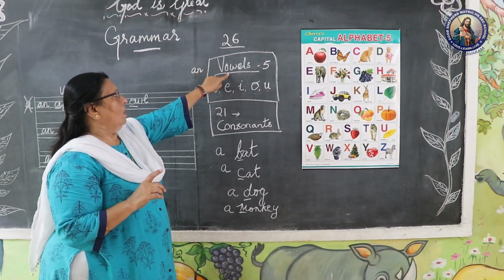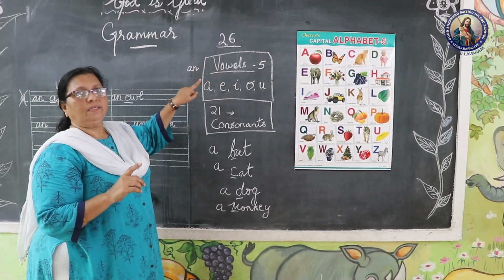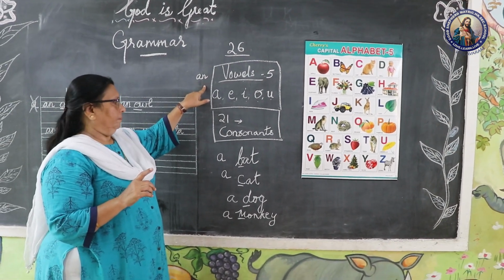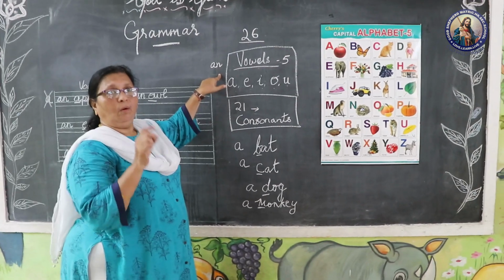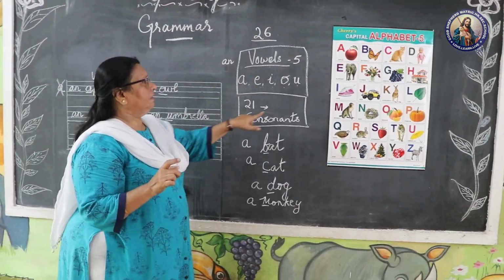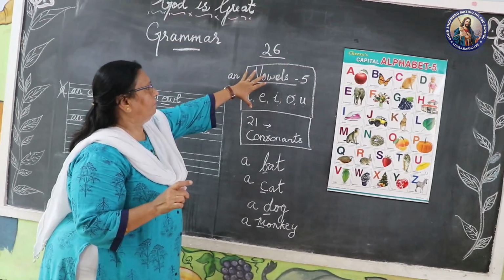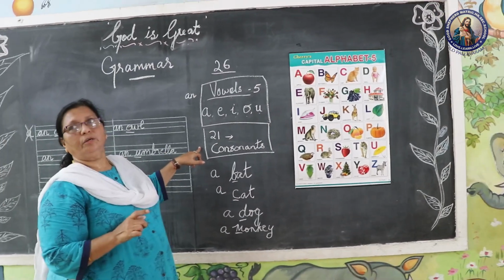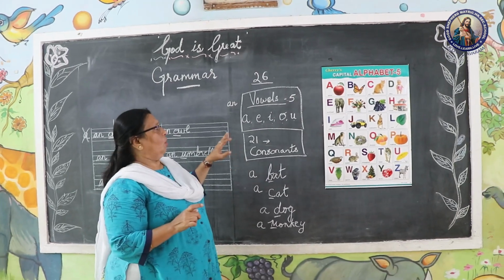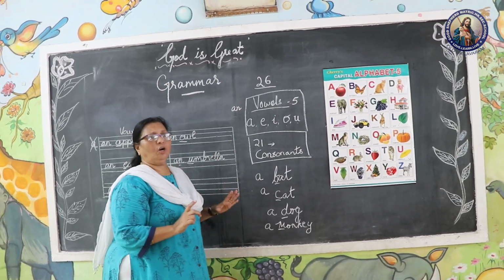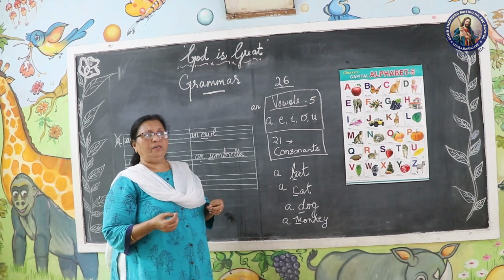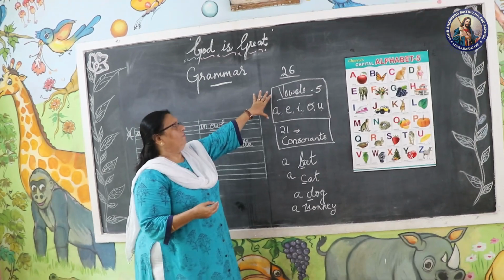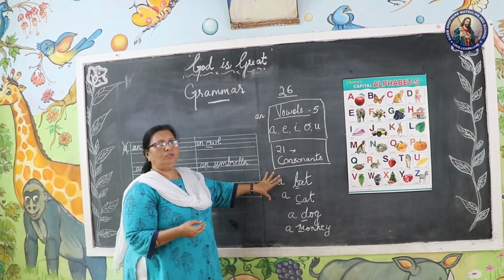They are called vowels, and any word starting with a vowel will start with an for a singular word. The other alphabets, the rest, are called consonants. So what did we learn in this class? It's a very short class but very important to write correctly: 5 vowels, 21 consonants.